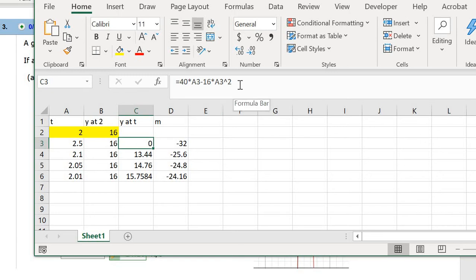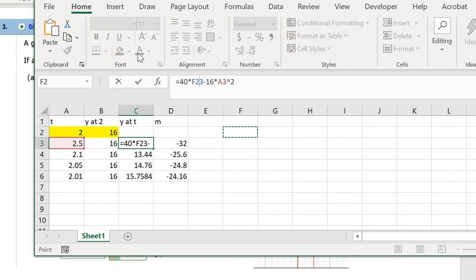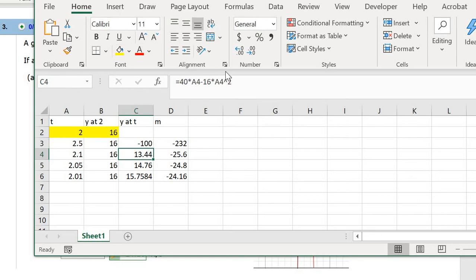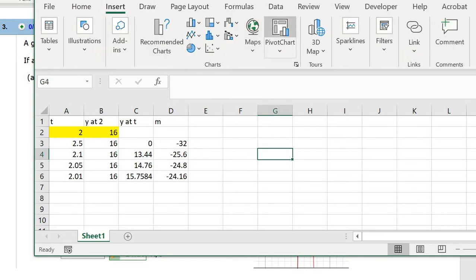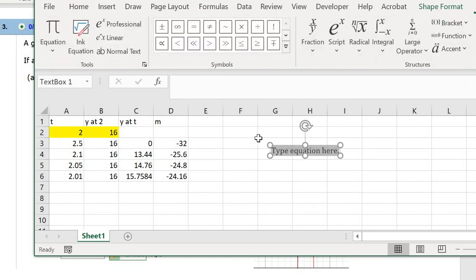And how I get that, automate it, is I just did 40 times X. Recall that my formula was y is equal to 40 times t minus 16 times t squared. That was my formula.